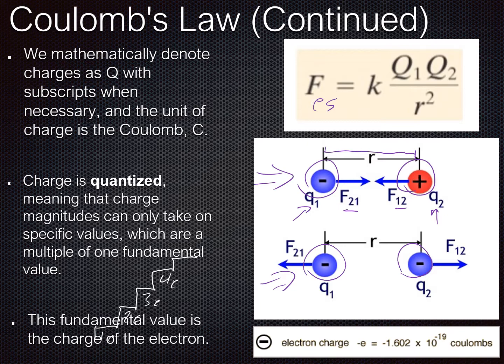Now, an electron has the negative version of that charge, because an electron is negatively charged, and a proton has the exact same charge, just the positive version. So we call e the electrical charge, and an electron has a charge minus e. And so then a proton would have a charge plus e.